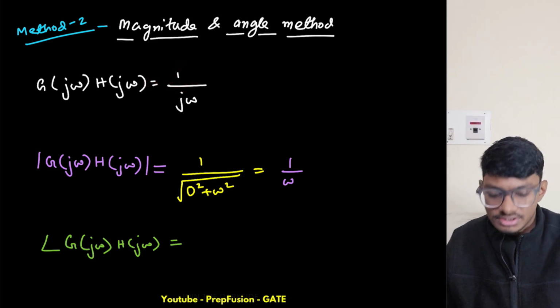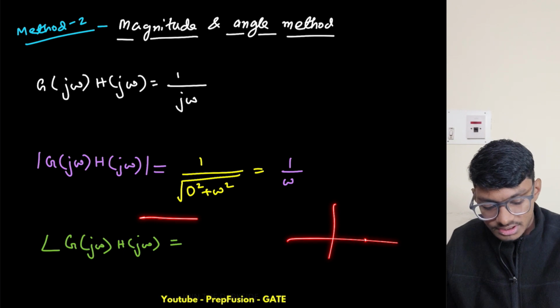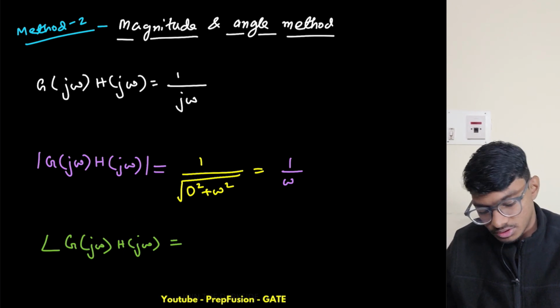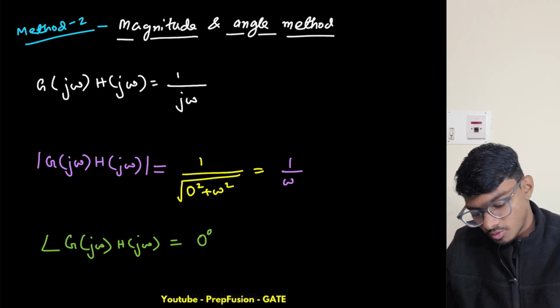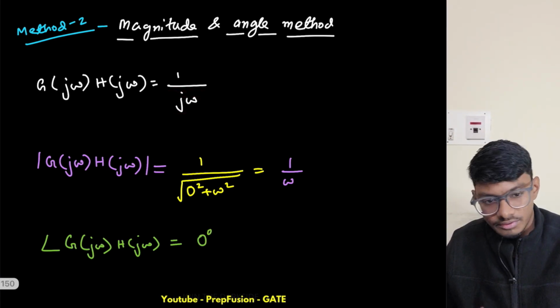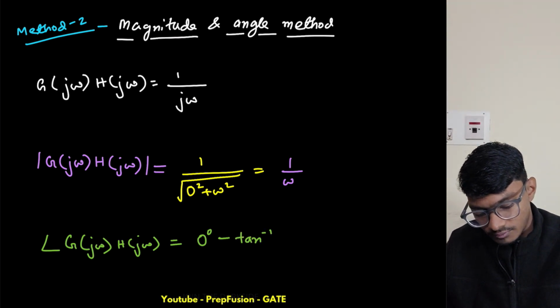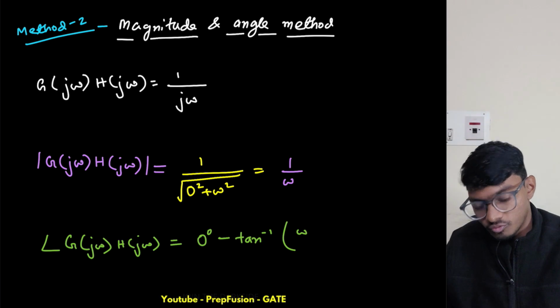What is the angle of 1? 1 is a point lying over here. The imaginary component is 0 itself, so tan inverse of 0 by 1 is 0. And this is in the denominator, so this will come with a negative sign: minus tan inverse omega. What was the angle formula?